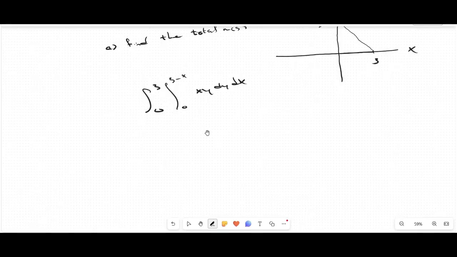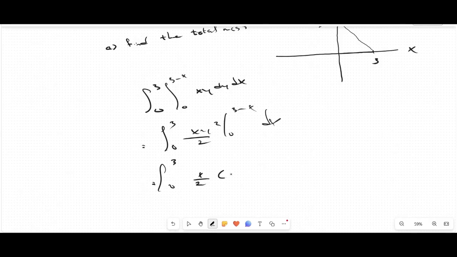All right, we'll just get this done real quick. x y squared over 2, 0 to 3 minus x. Oops, why did I just do that?